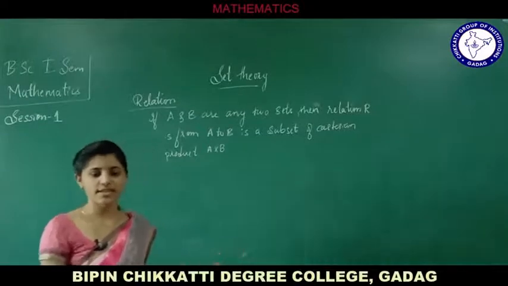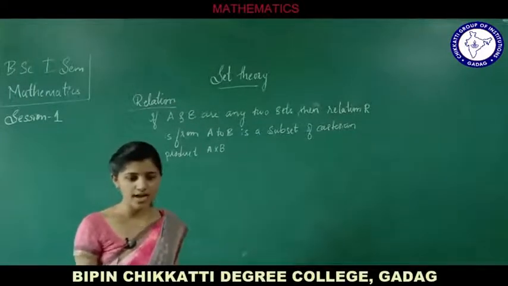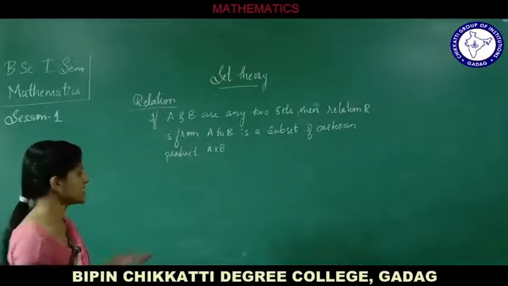And if a is related to b under the relation R, then how are we going to write the set?